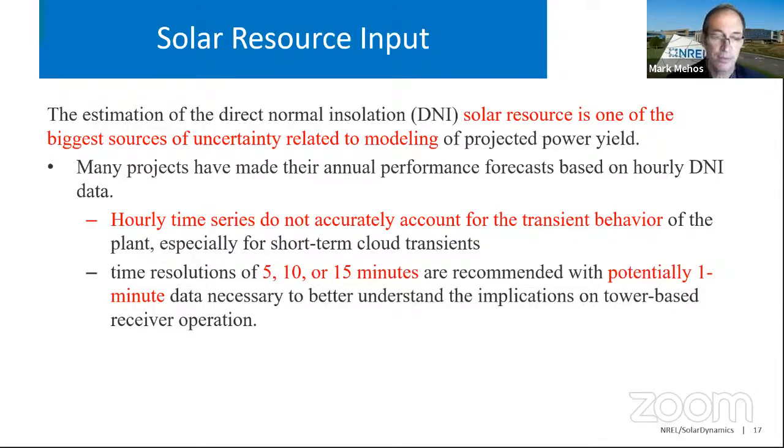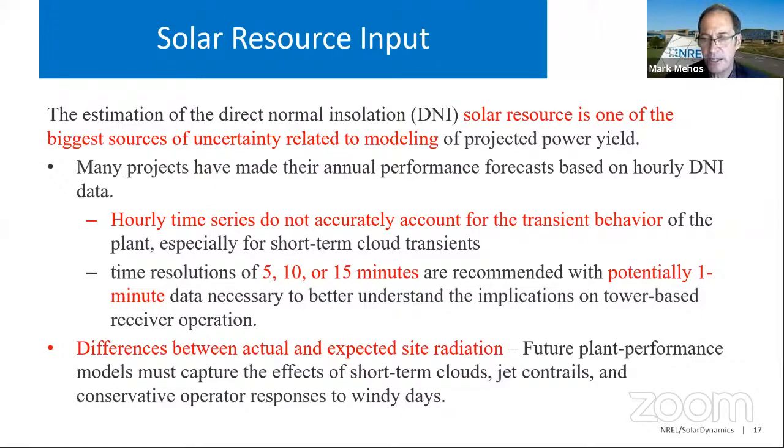Very important. Another interesting observation was the difference between the actual and the expected site radiation. Even if you're measuring site radiation at those high resolutions, it doesn't mean you're going to capture the impact of those transients. There are other unexpected transients, right? You have short-term clouds, you have jet contrails.